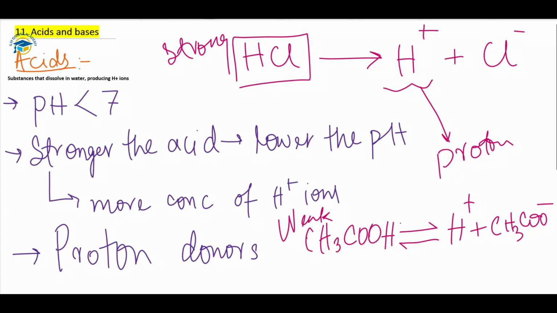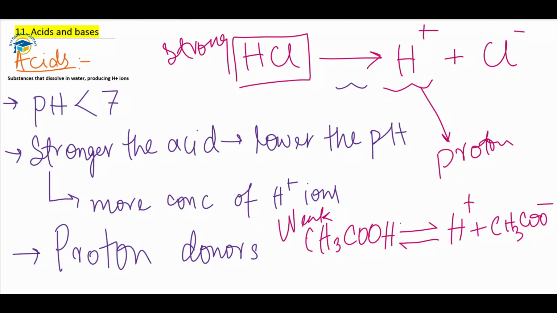One more thing that is observable here: you can see the arrows which I am writing in the equations of the strong acid and the weak acid. Hydrochloric acid is a strong acid, and a strong acid completely dissociates in the aqueous solution by giving the hydrogen ions and the anions. So this is represented by the irreversible equation, and you can see just the forward arrow.